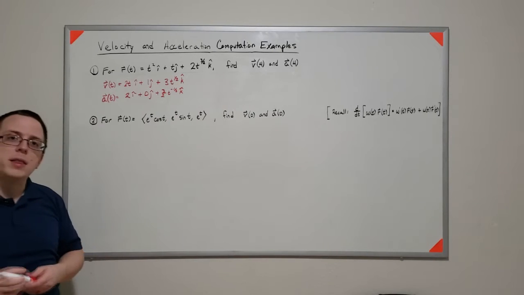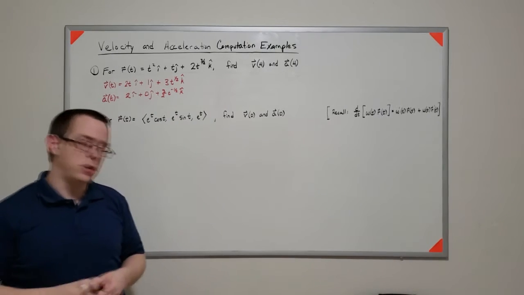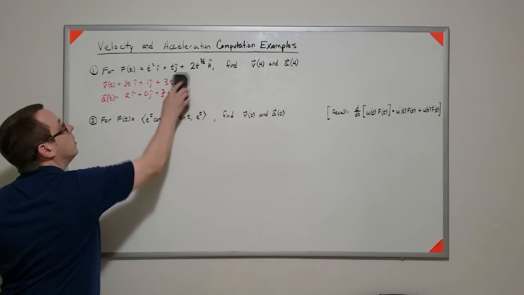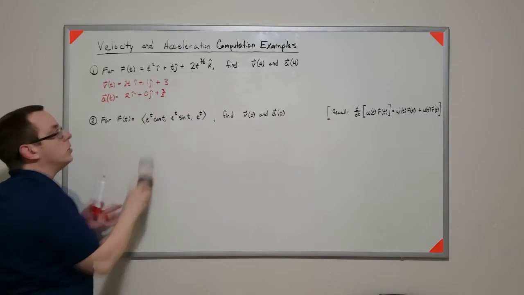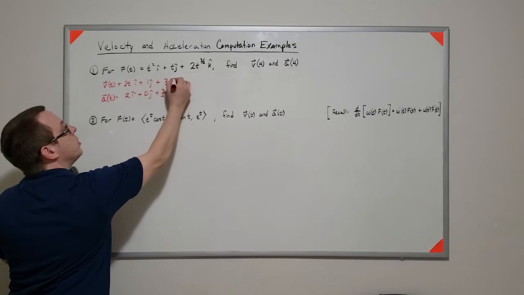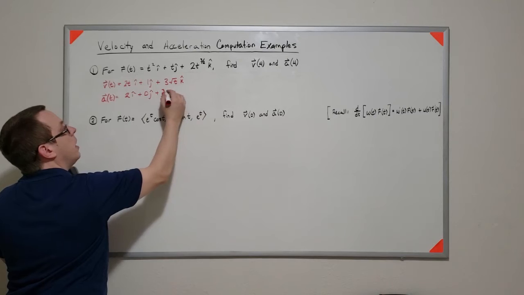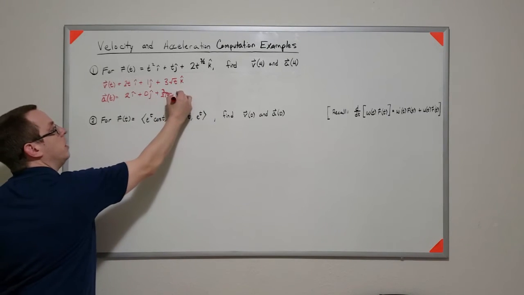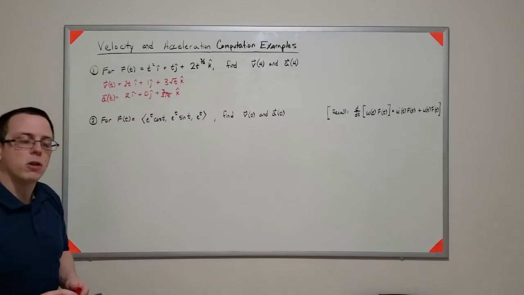Now, I'm going to rewrite that in a way that's probably a little more convenient to compute. So the first was 3t to the 1/2, so I'm going to write 3 square root of t, and I'm going to write 3 divided by 2 square root of t here. And maybe that'll make our lives a little easier.